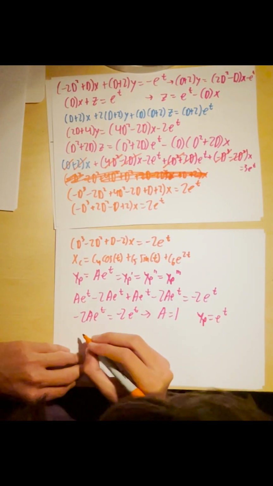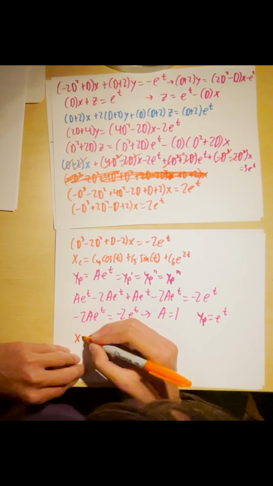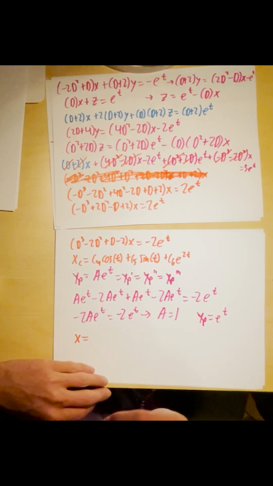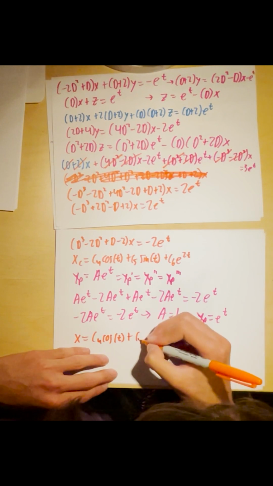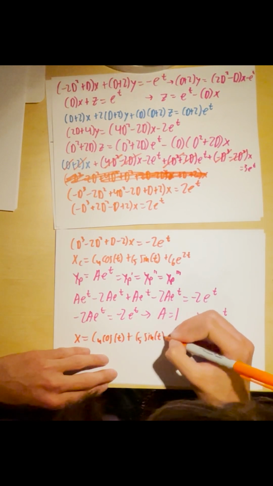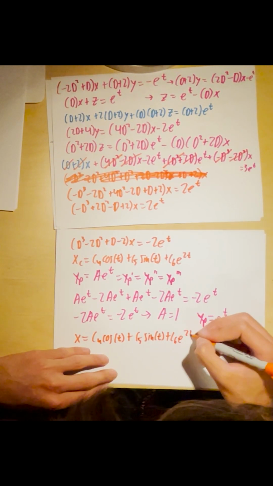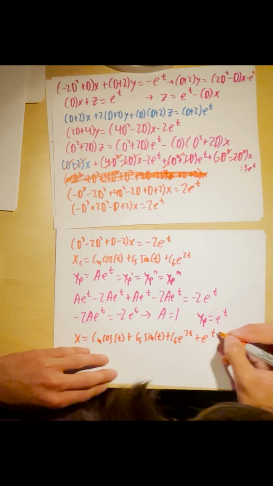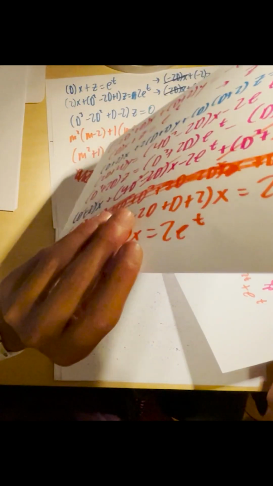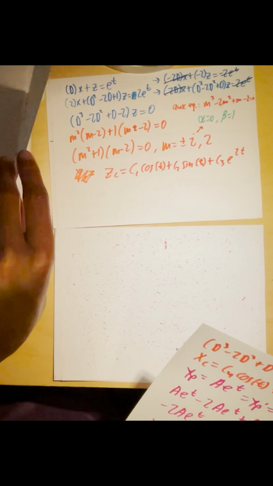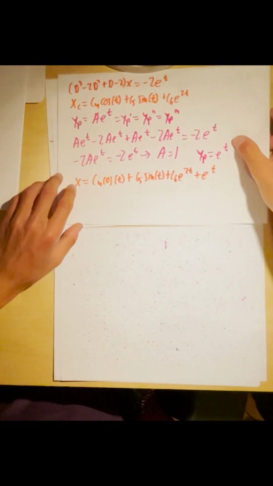I'm just going to write it in orange. It's xc plus xp. So far we have zc, which is just z, because there is no particular solution, and x.